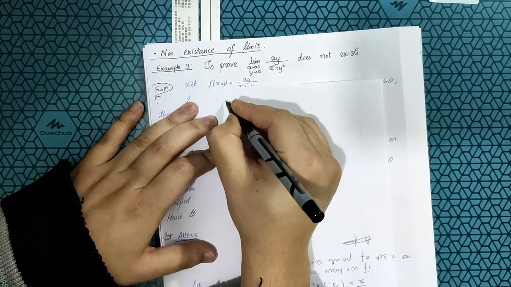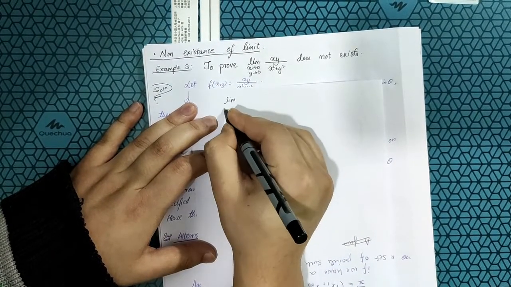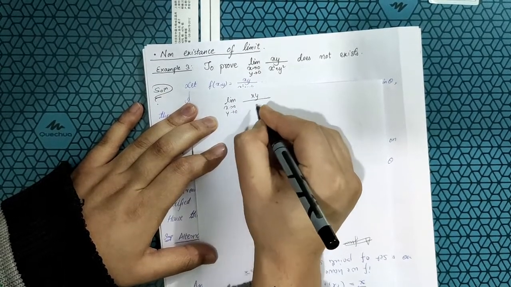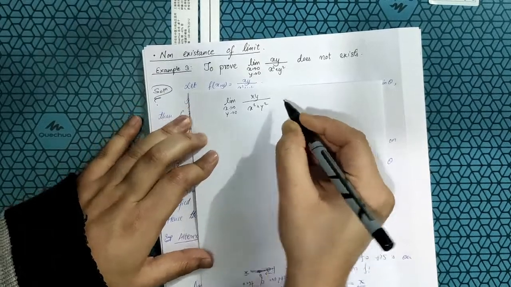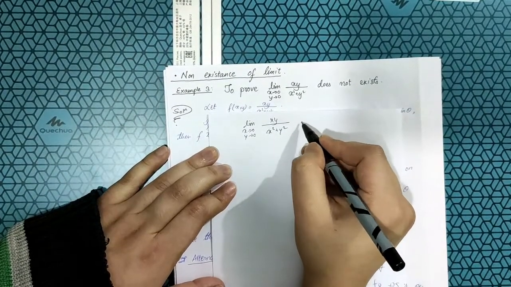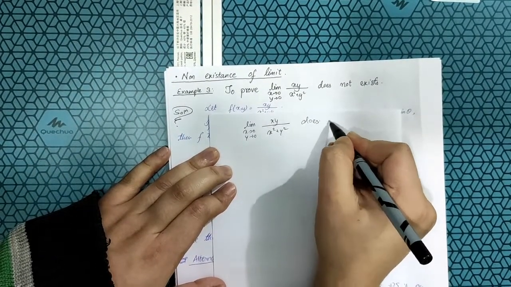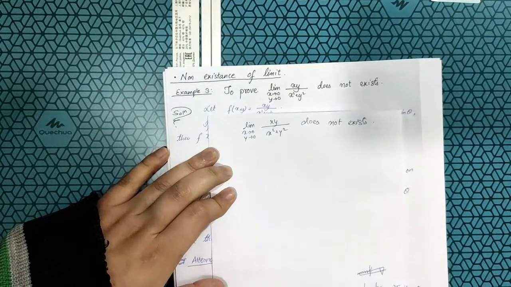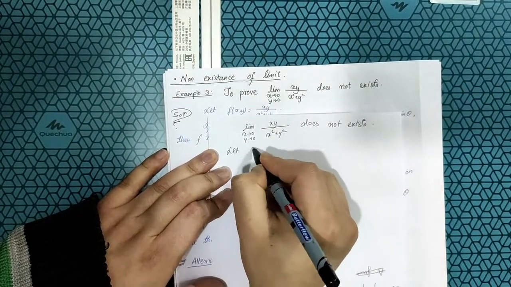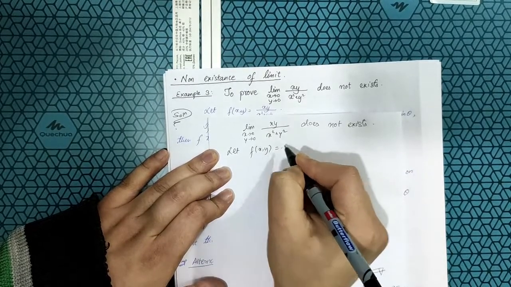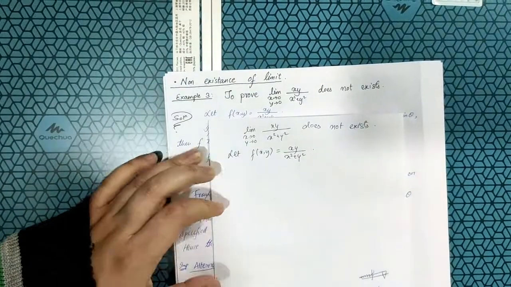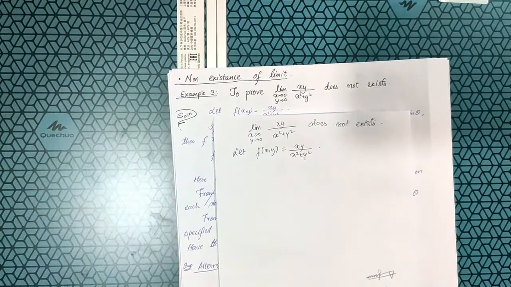So we need to prove that limit x tends to 0, y tends to 0, xy divided by x square plus y square does not exist. So let us take the function xy divided by x square plus y square. We need to show that this does not exist.